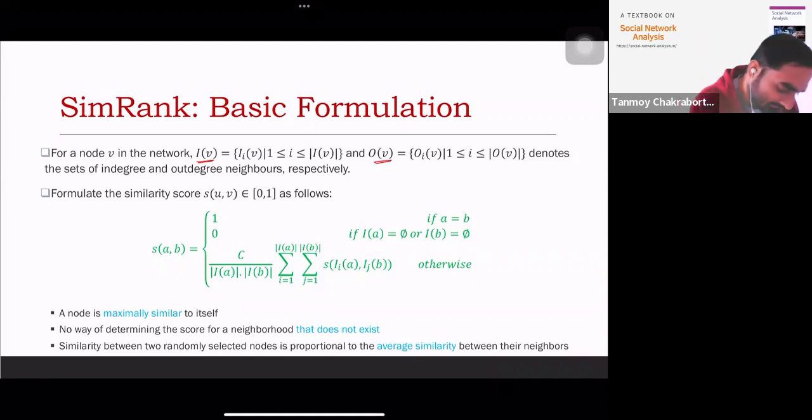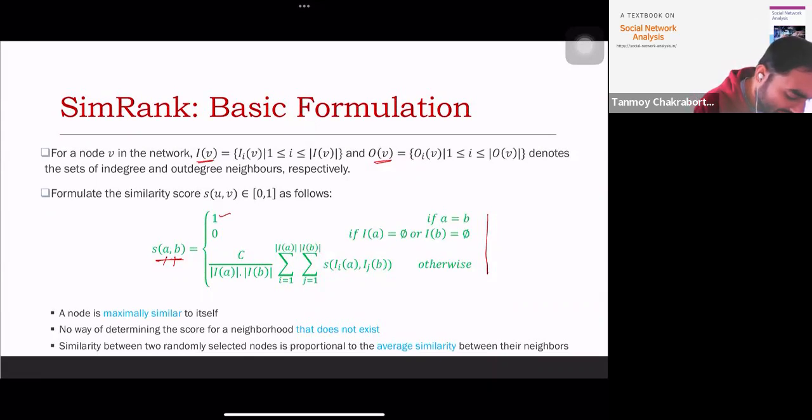Now the SimRank of A and B is defined in this way. If A and B are the same object, meaning S(A, A), then it is 1, the maximum, because the similarity of an item with itself is maximum.